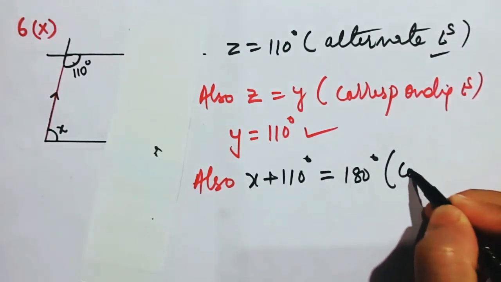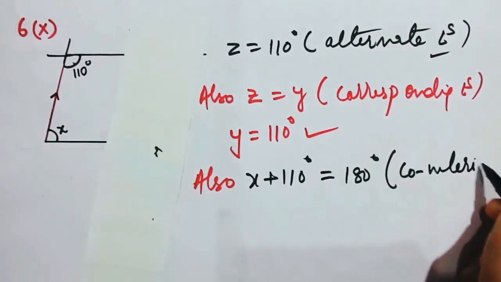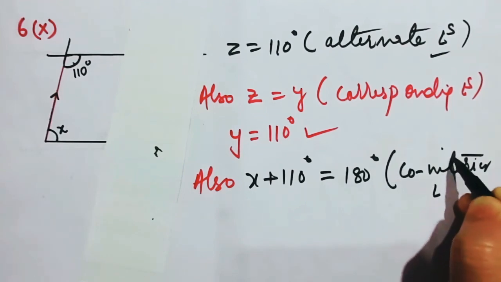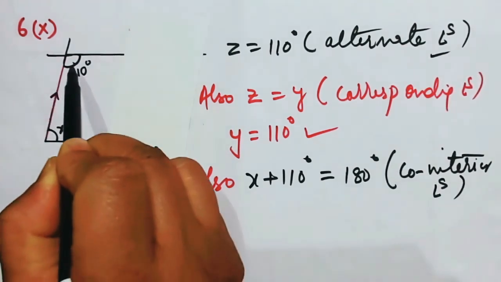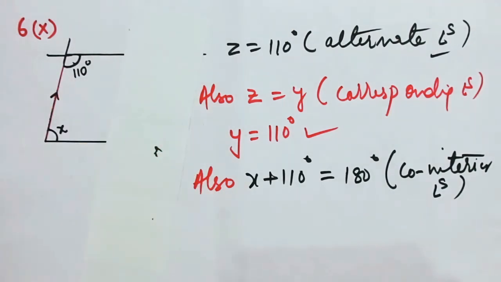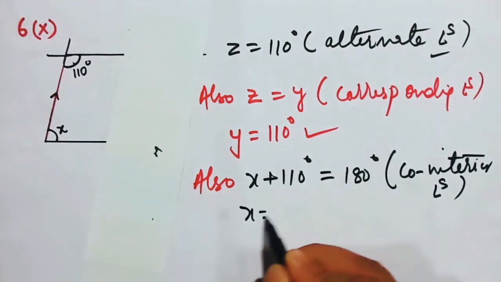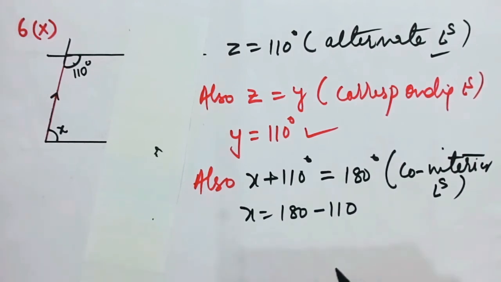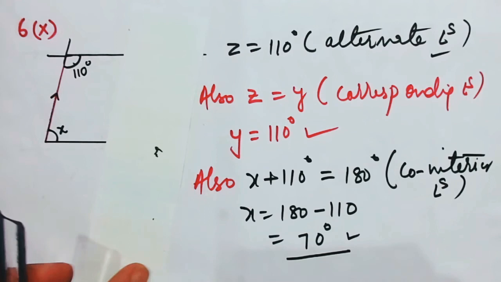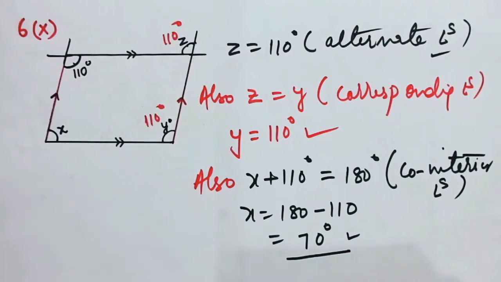Why? Because they are co-interior angles, isn't it? X plus 110 is equal to 180 degrees. X will be equal to 180 minus 110, which is 70 degrees. I hope this is clear. I never tell you to keep on studying.